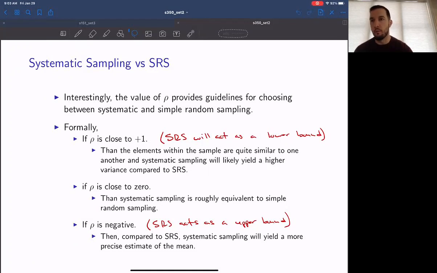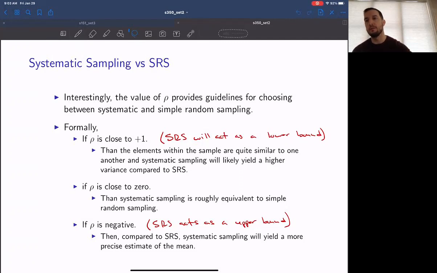When rho is close to 1, we would expect the systematic sampling estimator to be greater than the SRS estimator. And when rho is negative, we would expect the opposite effect. So the systematic sampling variance estimator is less than the SRS estimator.